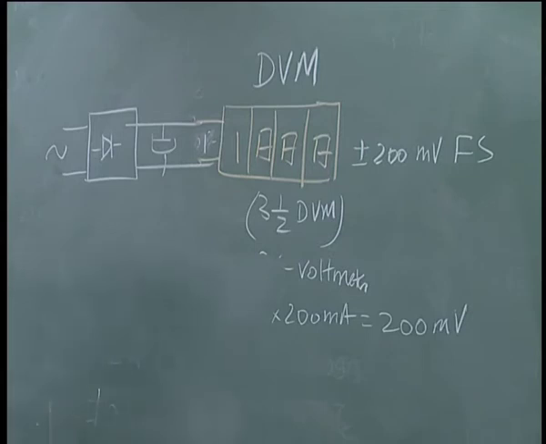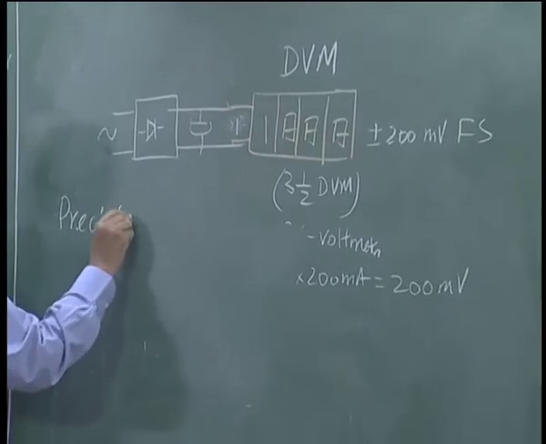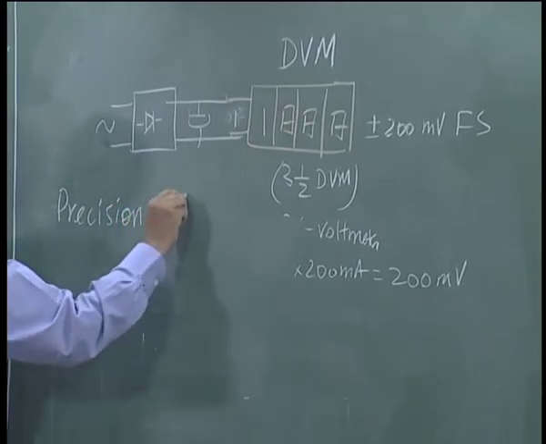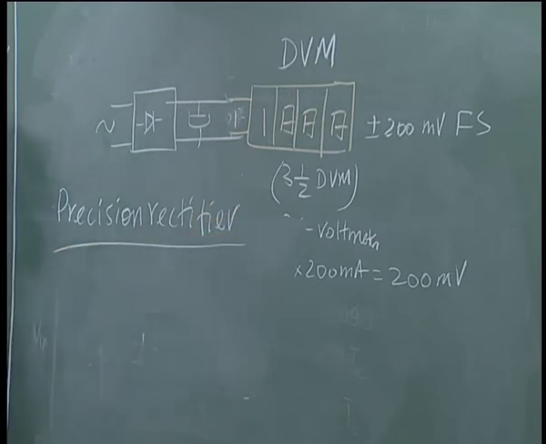The problem was sorted out by using a circuit called a precision rectifier. This is an active circuit, uses op amps. We will look at this circuit in the next class, right.